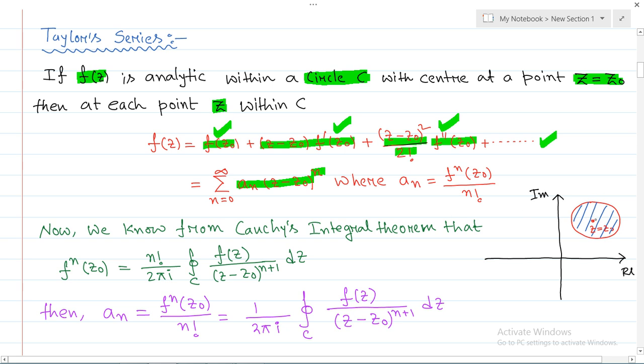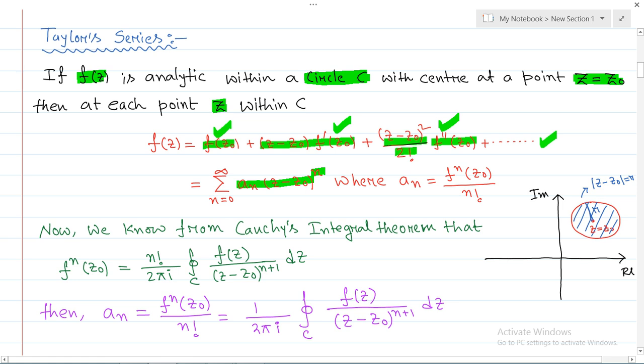If we consider the circle to be of radius r, then we can write this circle as mod of z minus z0 equals r, that is the perimeter of the circle.